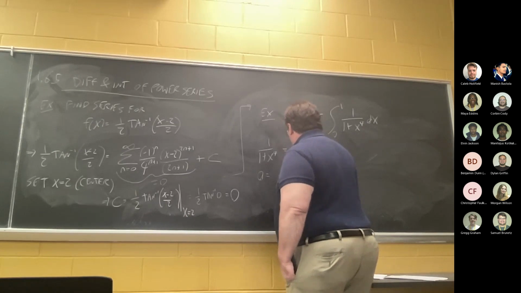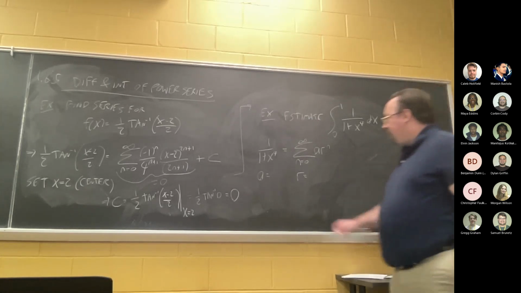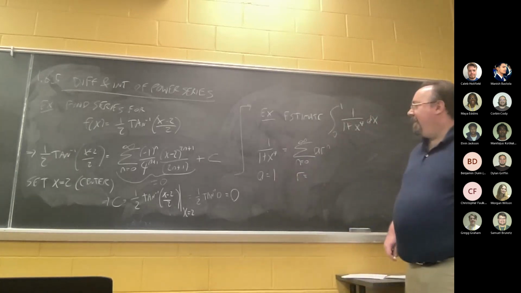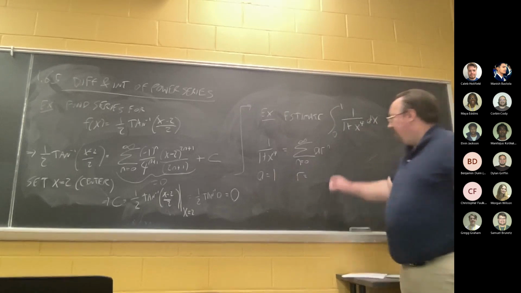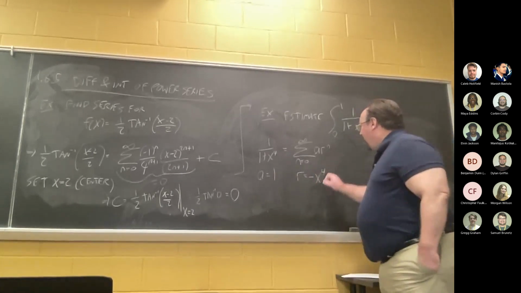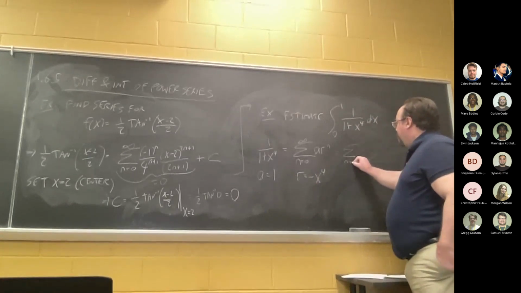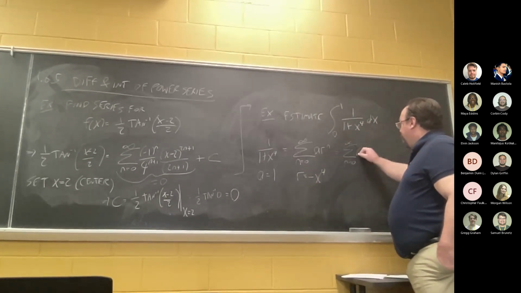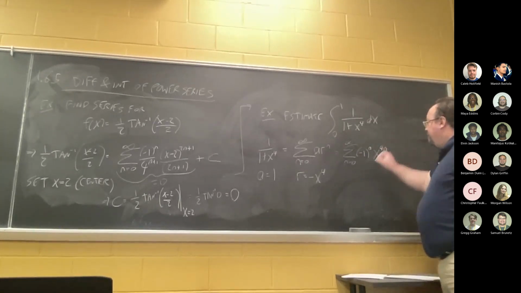So what is a, what is r? a is just 1. r is x to the 4th. Almost. Negative. It's whatever is subtracted from 1, so minus x to the 4th. So we get the sum from n equals 0 to infinity of (-1)^n x^(4n).